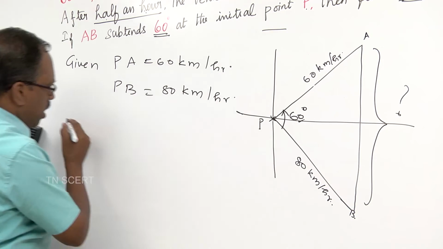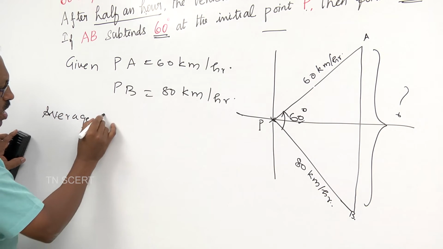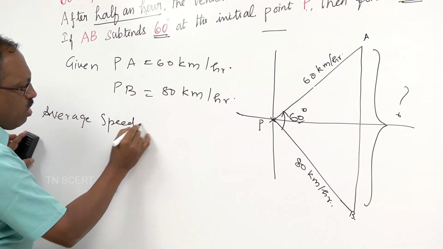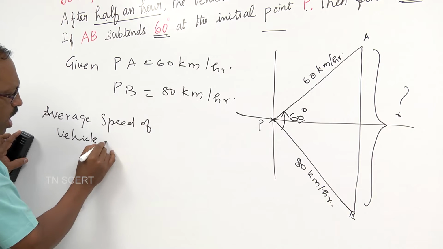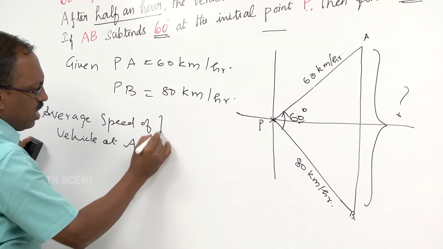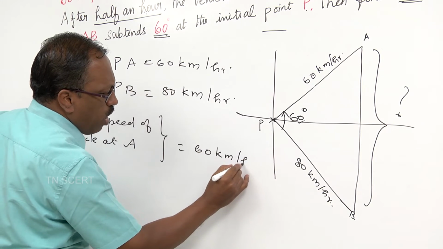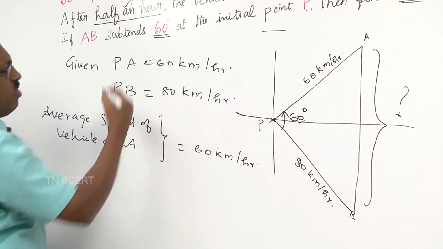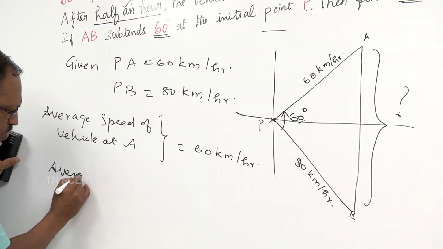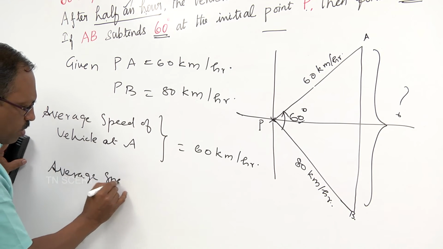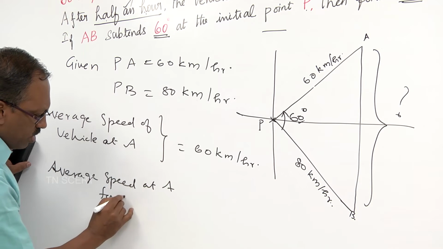That means the average speed of a vehicle at A is 60 kilometers per hour, and since I wish to calculate for half an hour, you have to divide by 2. So the average speed at A for half an hour.